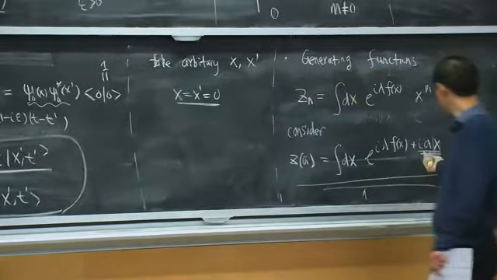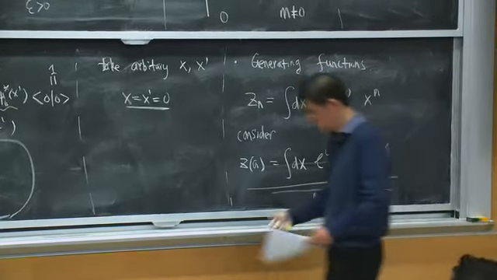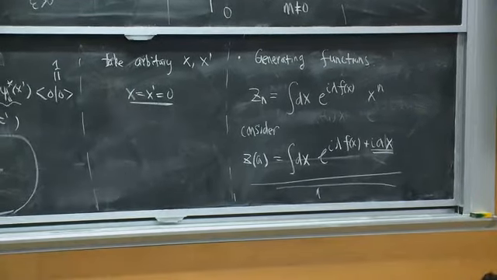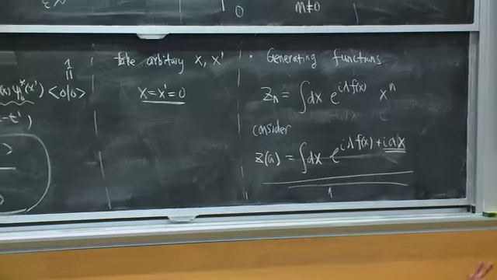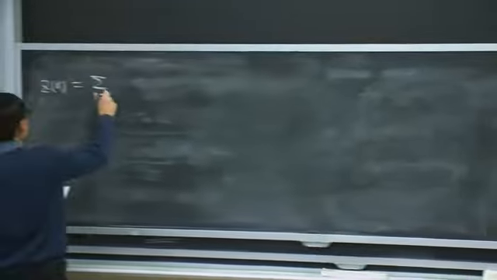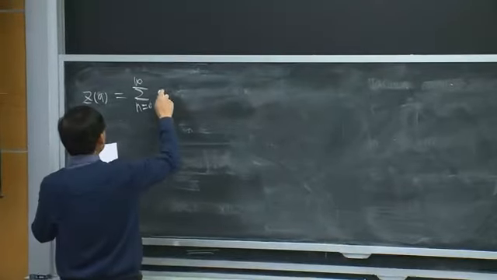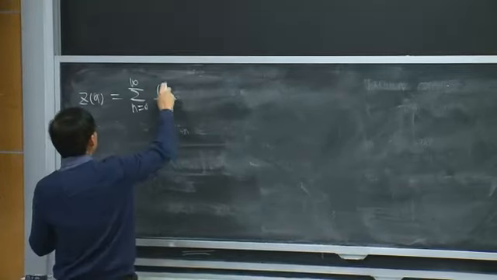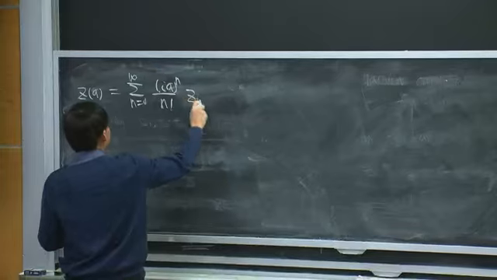Because imagine you expand this exponential factor, and then you get Z(A) equals the sum from n equals 0 to infinity of 1 over n factorial, (iA)^n Z_n.